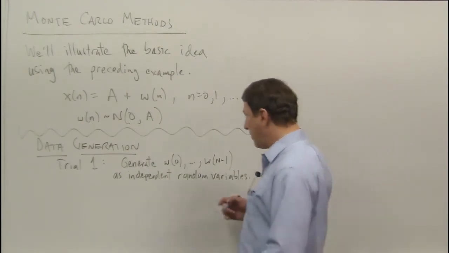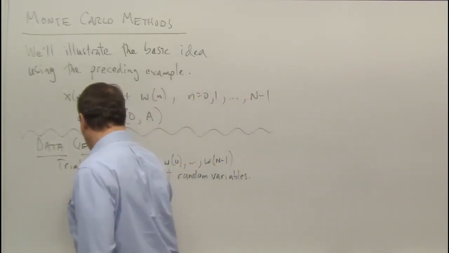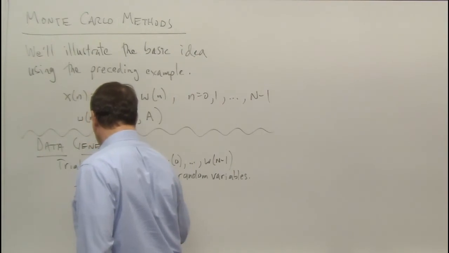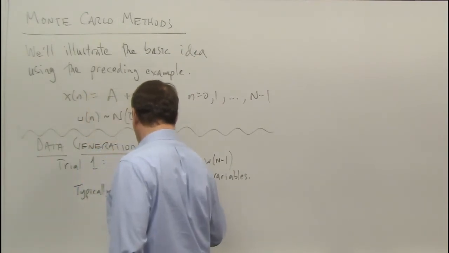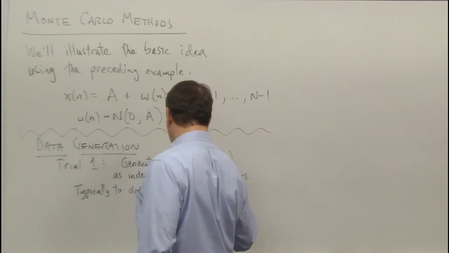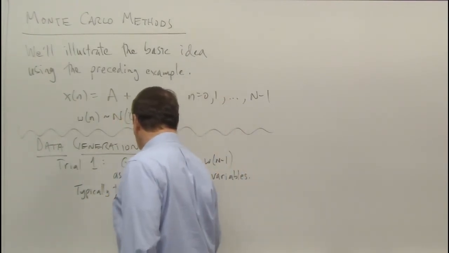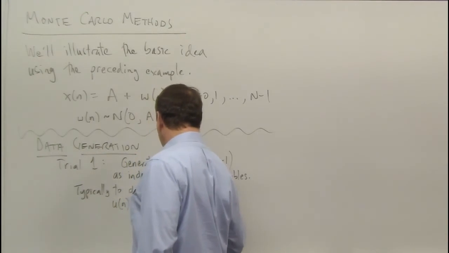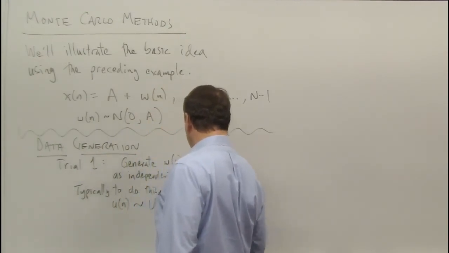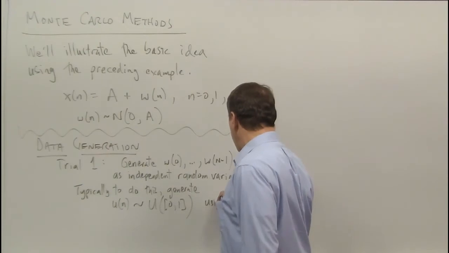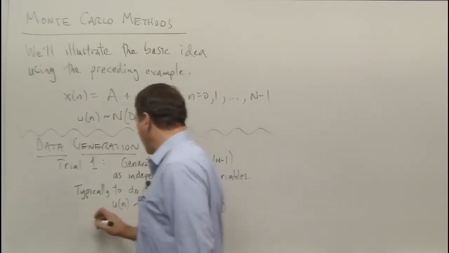Typically, what you do is generate u of n, which has a distribution that's uniform between 0 and 1, using pseudo-random numbers.